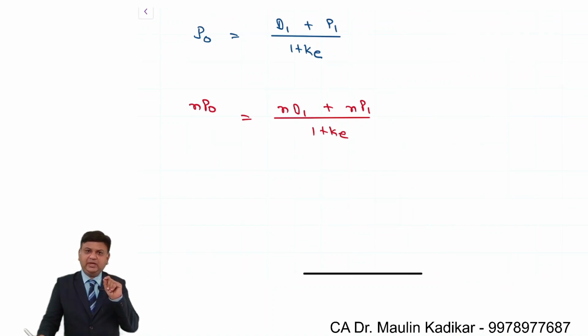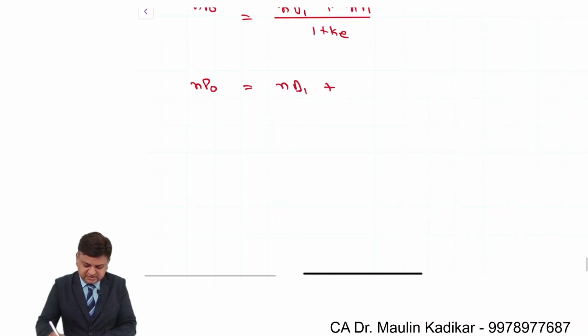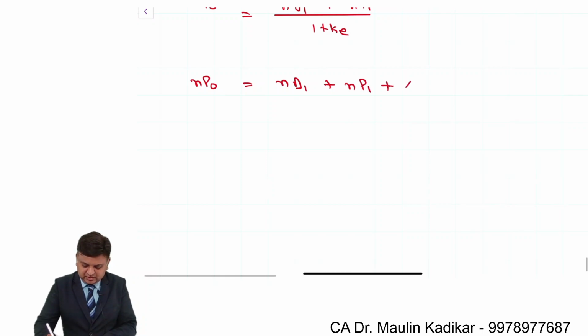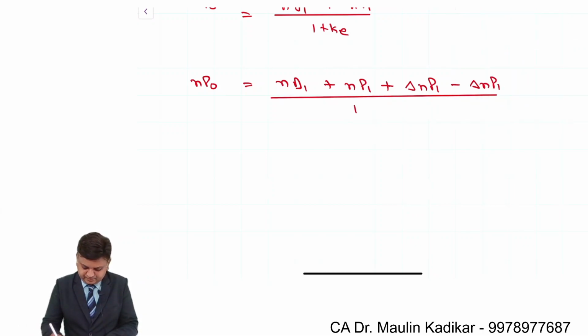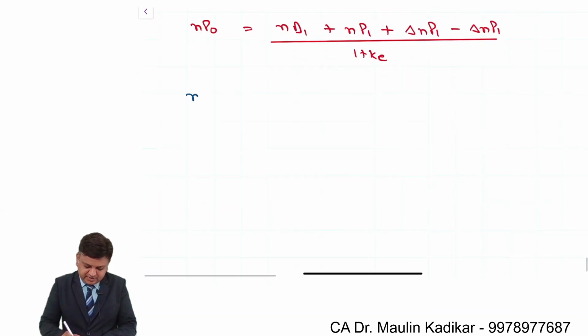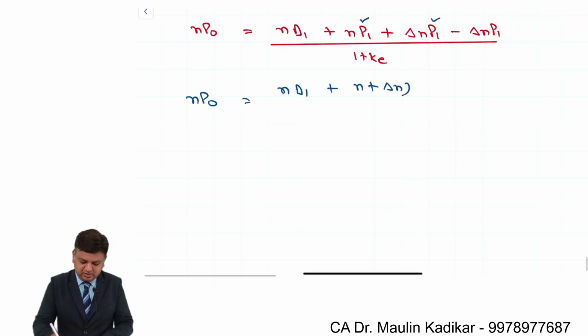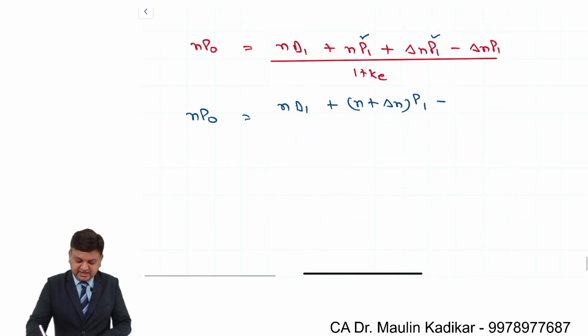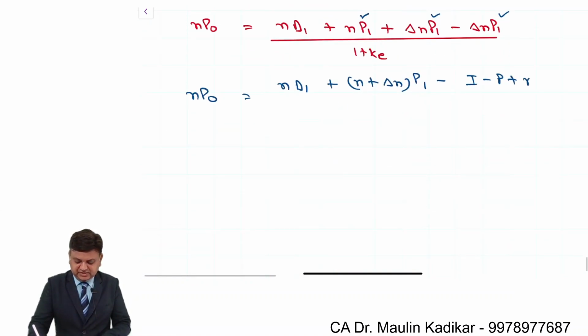Next, for the purpose of derivation, I am doing something like this. nP0 is equal to nD1 plus nP1 plus delta nP1 minus delta nP1, in a way that one value is added and the same is deducted, whole divided by 1 plus K. So nP0 is equal to nD1 plus, here P1 is common, so I am writing (n plus delta n) into P1 minus delta nP1, which is replaced with this value, I minus P plus nD1.